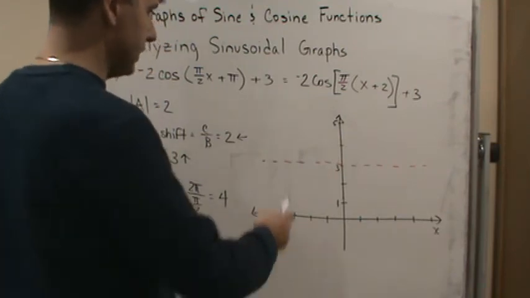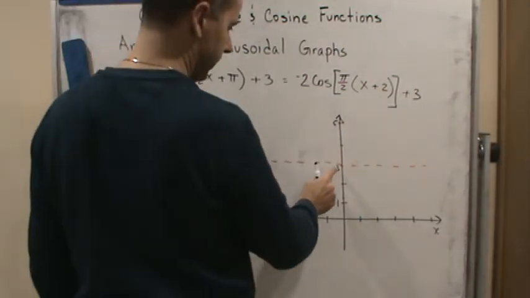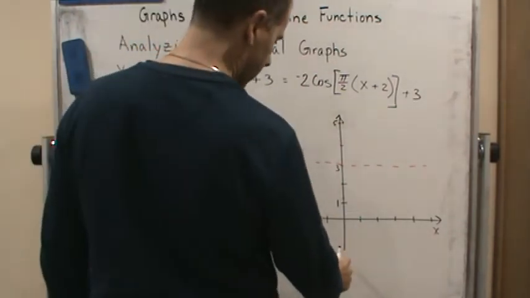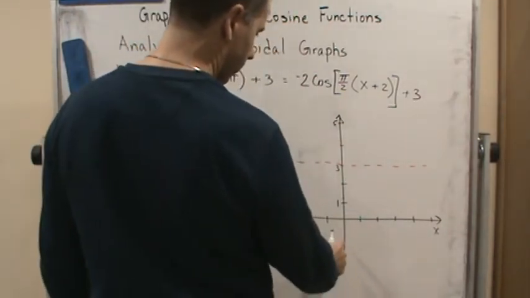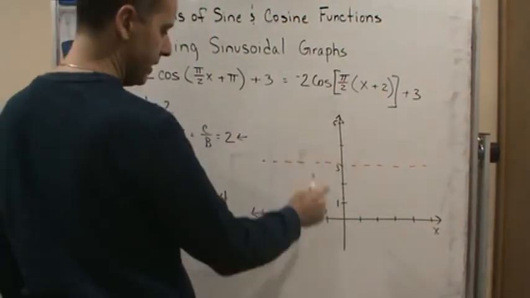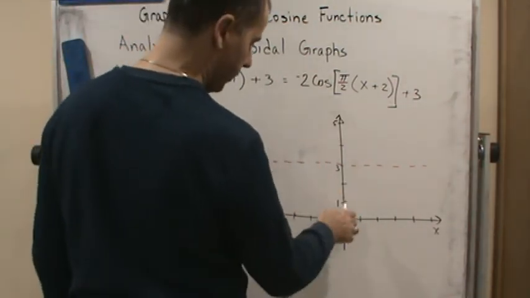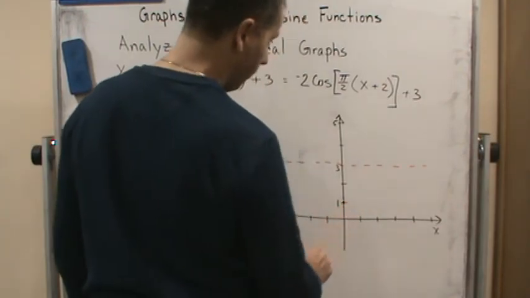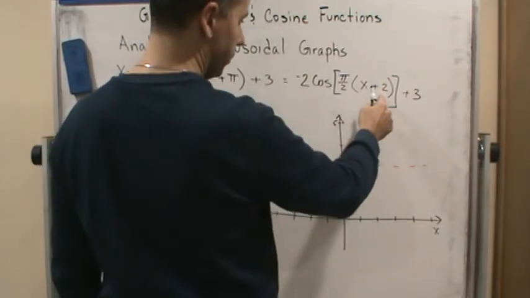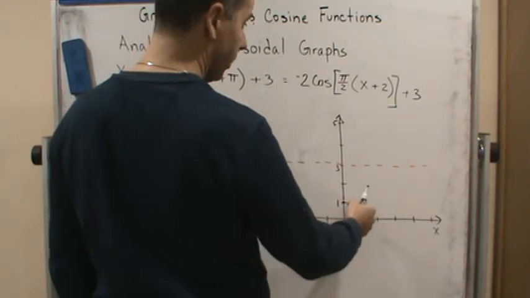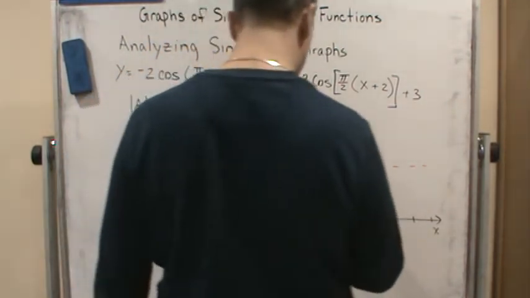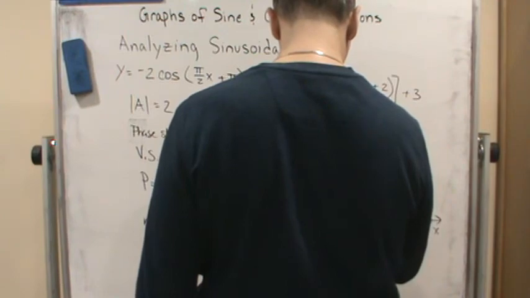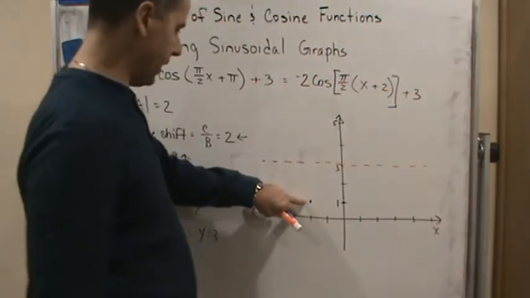At a minimum, because it's being reflected down, which means it starts at -2, but this is being moved up, so the minimum is going to be here, right? But it's being moved to the left 2 spots. So this is going to go 1, 2. So that's where it's going to start.